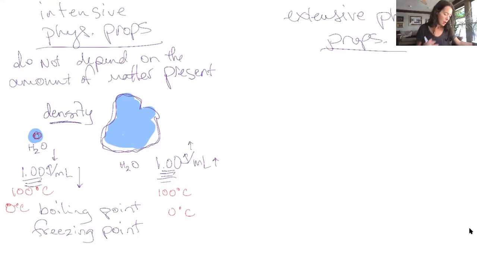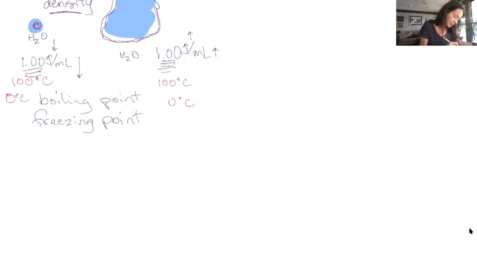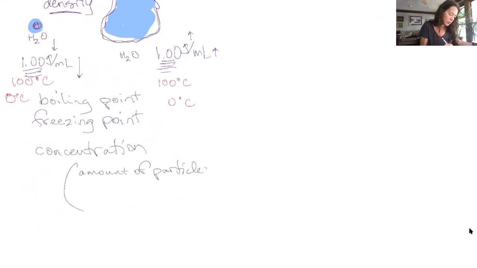Okay. And another intensive property that I didn't want to confuse you is your concentration of a solution, right? So the amount of particles in a certain volume, per volume, similar to a density, but different, right?